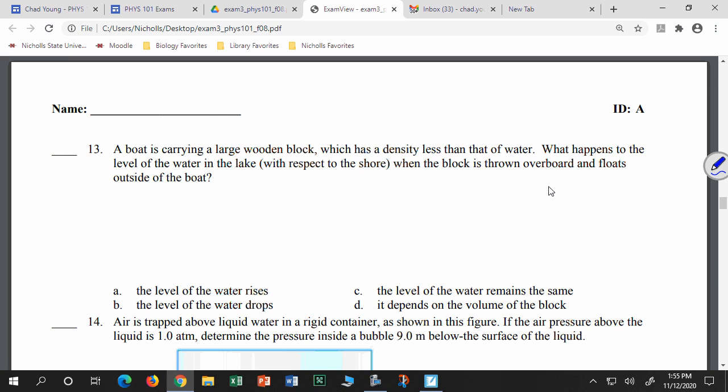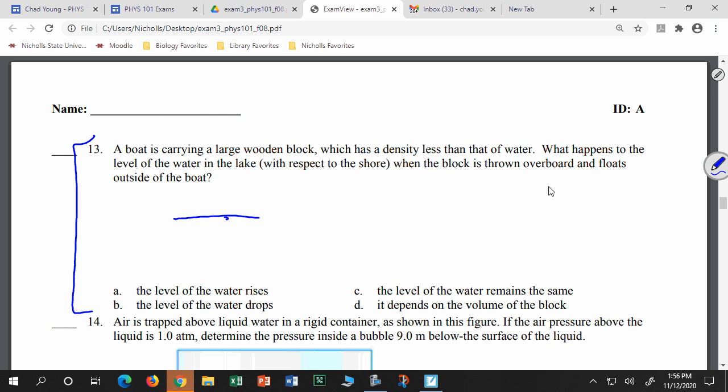We did this problem. What happens if I throw the block overboard to the level of the water? Let's just step through this so that you're clear. It helps you to think about Archimedes' principle. You might have a similar problem or even a little bit different.